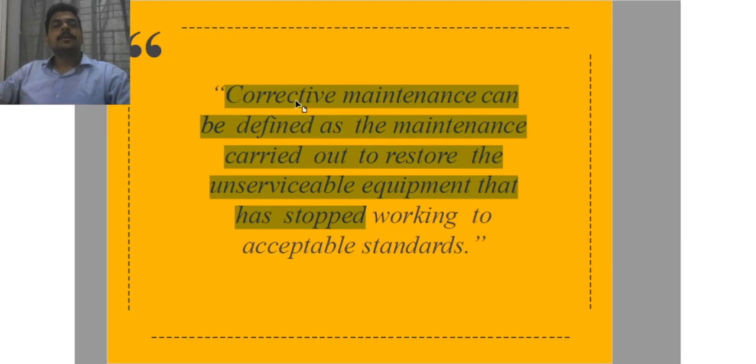So if the equipment is under breakdown or in a failure state, then we can restore that unserviceable equipment that has stopped working to acceptable standards. That is called breakdown maintenance, or corrective maintenance.